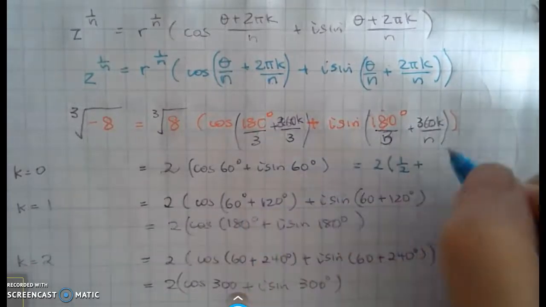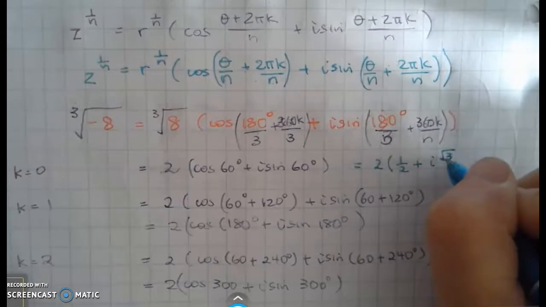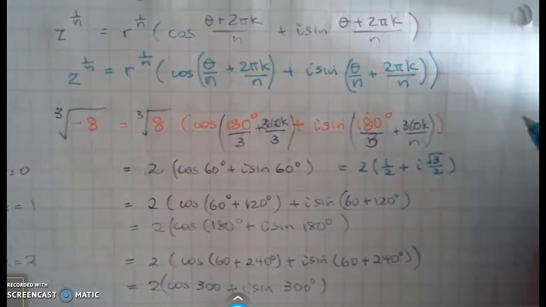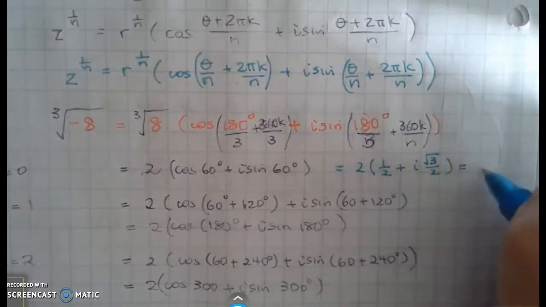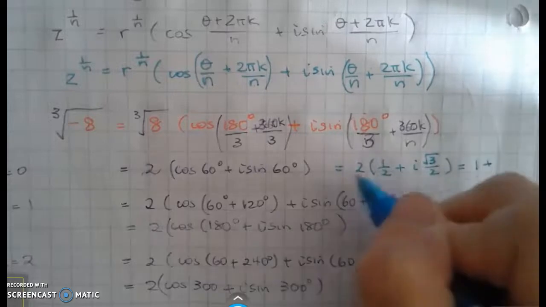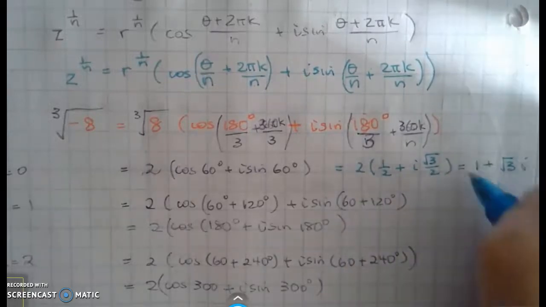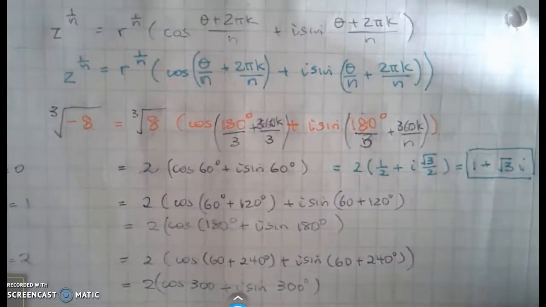I sine of 60 degrees is going to be i times sine of 60, which is root 3 over 2 using your unit circle. And this simplifies to 2 times half is just going to be 1, plus the 2 and 2 cancel out, and root 3i. So this is my first solution in rectangular form.